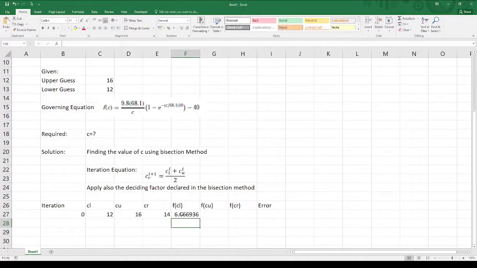So that should be 6.066. It matches the previous solution, which was 6. Then you just have to drag this one so that it will evaluate for 16 and 14.